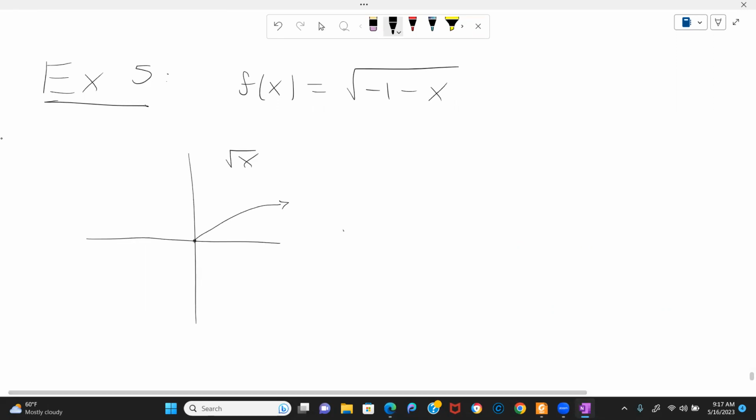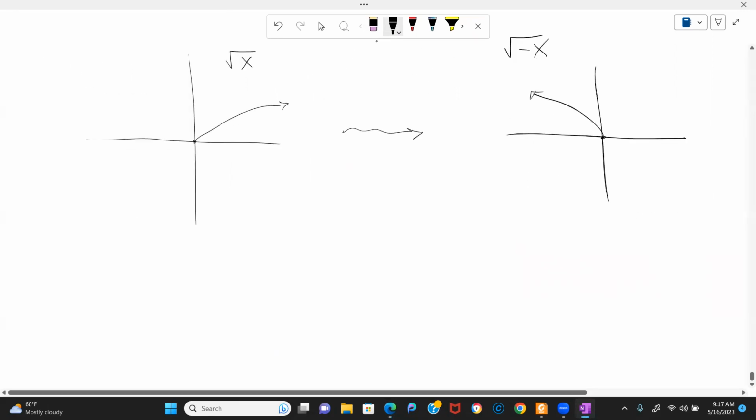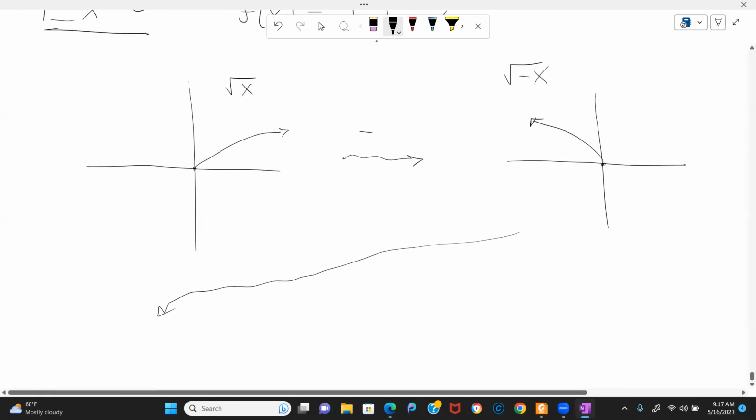All right. And then if you negate the x, remember, if you're not sure how that works, go back to the previous video on transformations of functions. When you negate the x, like so, that has the effect of reflecting over the y-axis. And now you can transform this graph right here. So this is negating x.